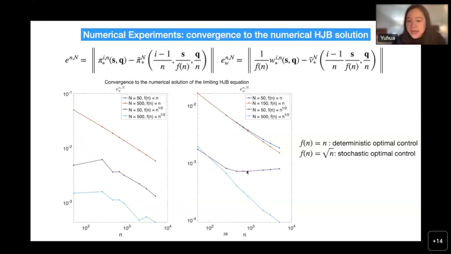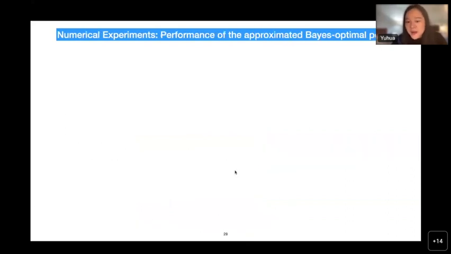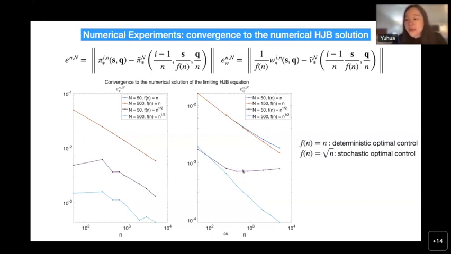The only difference is that if you use a less accurate numerical algorithm, for example time discretization n equal to 50, the error won't decay after you reach some point, because then the numerical error will dominate the difference between these two terms. But if you have a more accurate numerical algorithm, the error will still decay pretty fast.